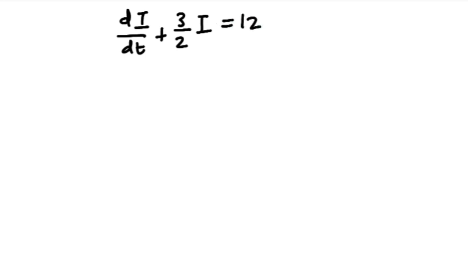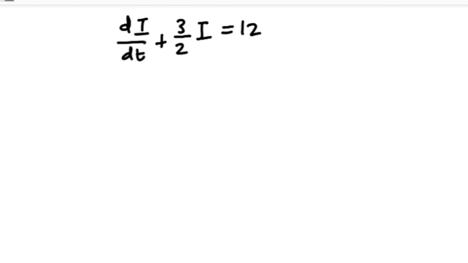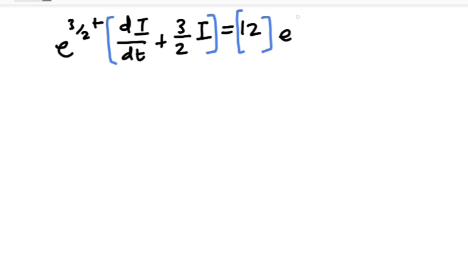And then we have to multiply the integrating factor to both sides. Our model just now is dI/dt + (3/2)I = 12, so we multiply both sides with the integrating factor, e^(3/2 t).